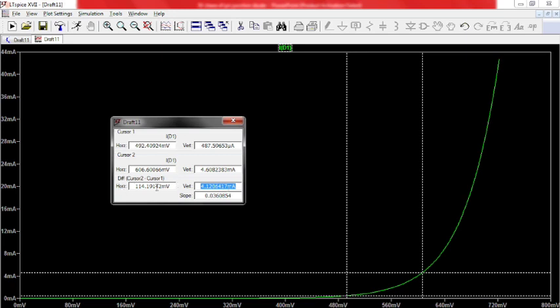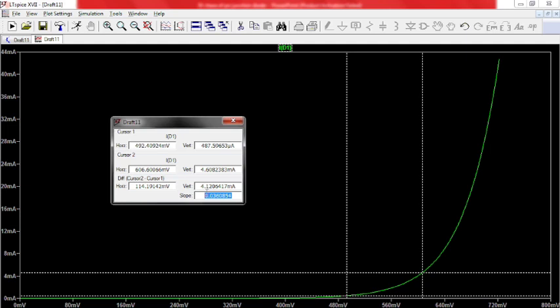Changing vertical divided by changing horizontal is the slope. So this is not our proper resistance value, so we need to take the inverse of this value. If we take the inverse of this value, what will be the answer? 0.0360854.